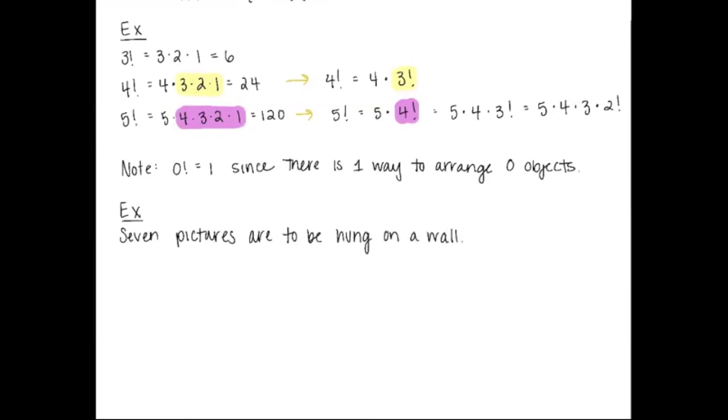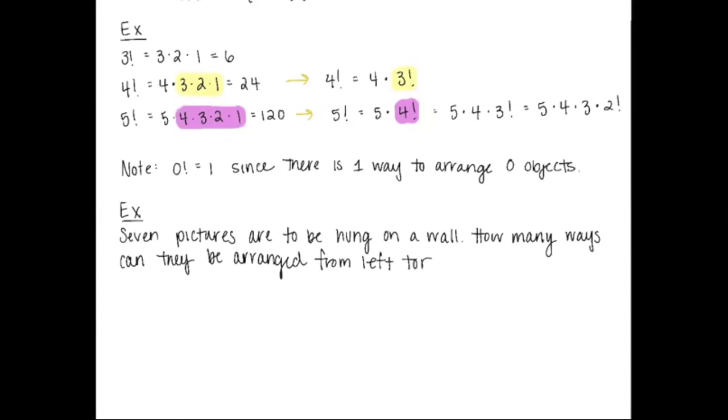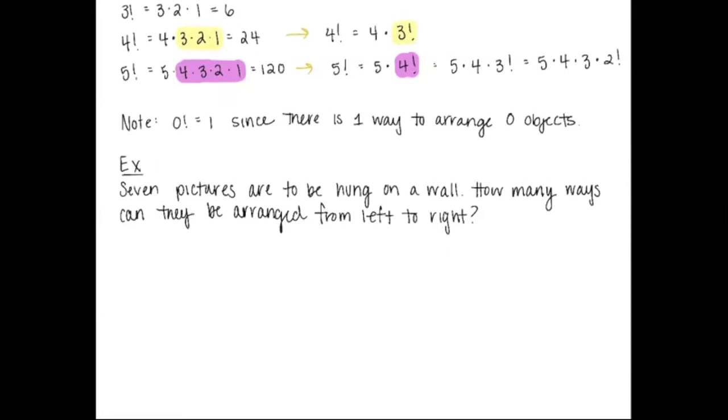We want to figure out how many ways can they be arranged from left to right. Okay. So here that order matters. If I have a picture of a dog and a cat, the way I put it on the wall makes a difference. So this is going to play a role in that next section. So here, the order of the picture matters.